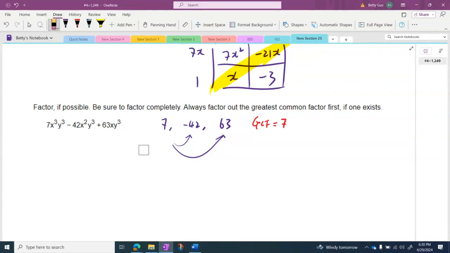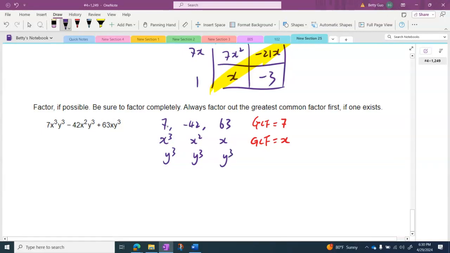And then we look at the variable part. We have x cubed in the first term, x squared in the second term, x in the third term. So the GCF is x. Take the one with the lowest degree. And for y, we have y cubed in the first term, y cubed in the second term, y cubed in the third term.